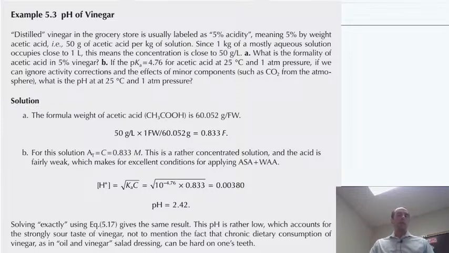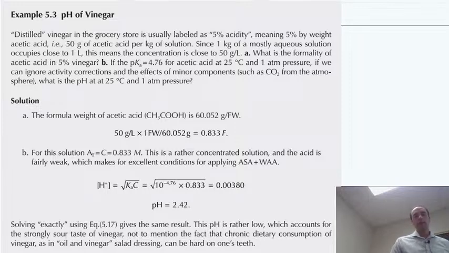It's often labeled as 5% acidity, meaning the solution is 5% by weight acetic acid. So that means about 50 grams of acetic acid per kilogram of solution, which should be about 1 liter, so we'll go with 50 grams per liter.